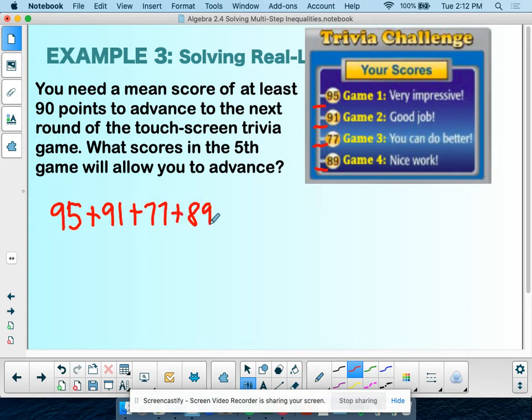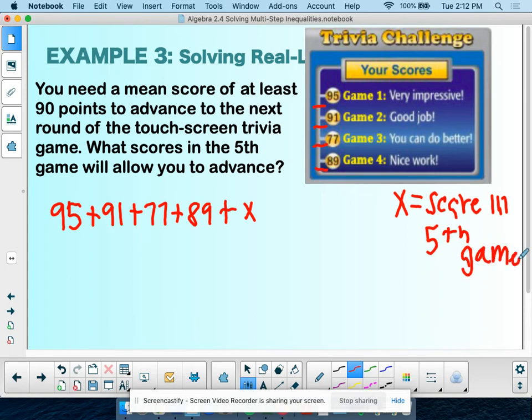Do I know what we're going to get in the 5th one? No. So should we call it X? Maybe we should label that. X equals score in 5th game. All over 5. And we want it to be what?